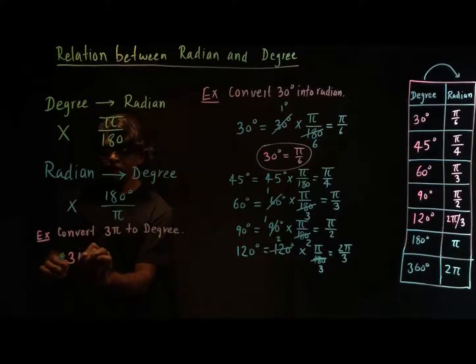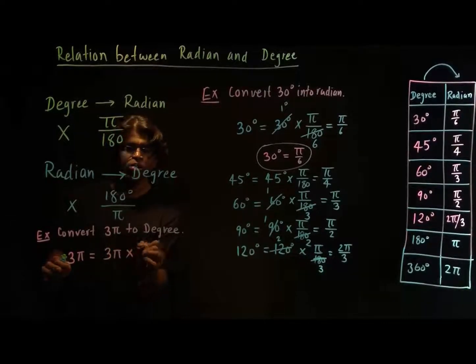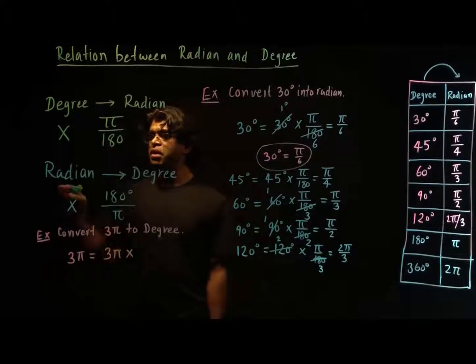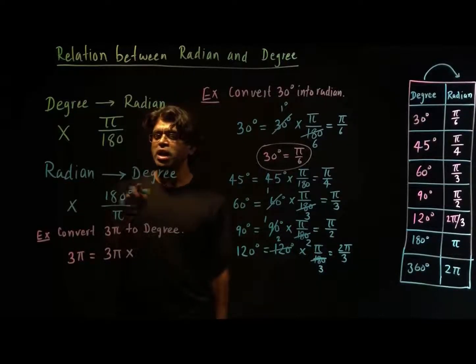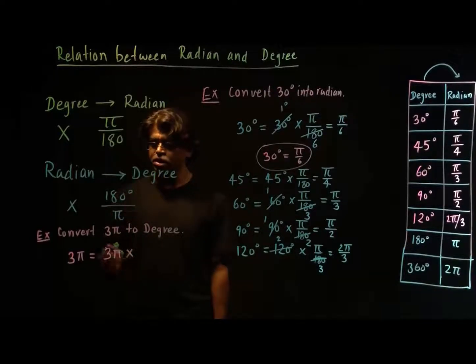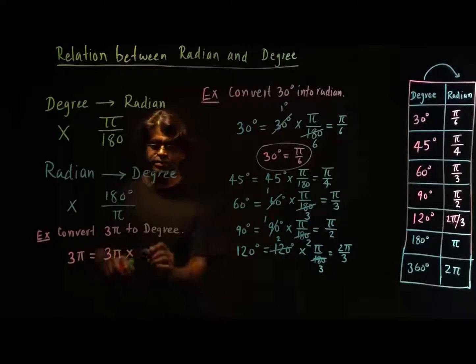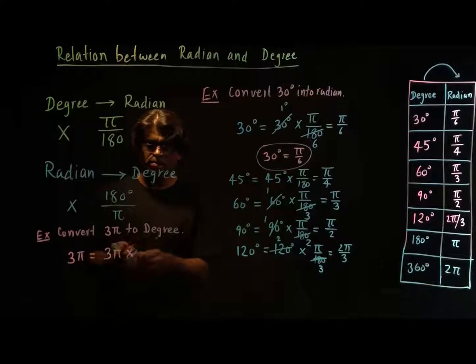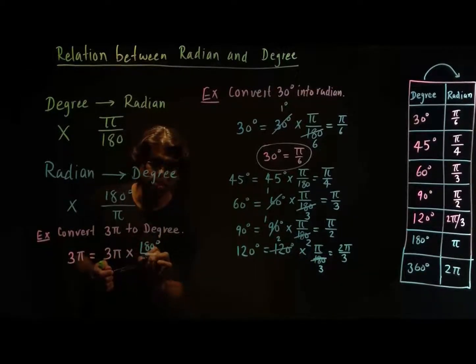I will write 3 pi is equal to 3 pi times... How do I convert from radian to degree? Pretty simple. My rule is I need to multiply by 180 degrees over pi. So I'm converting from radian to degree, so I will multiply this by 180 degrees over pi.